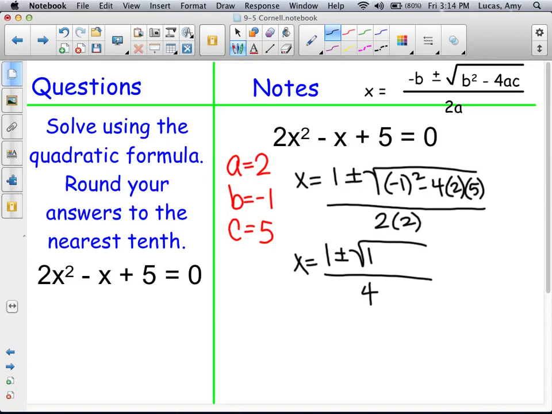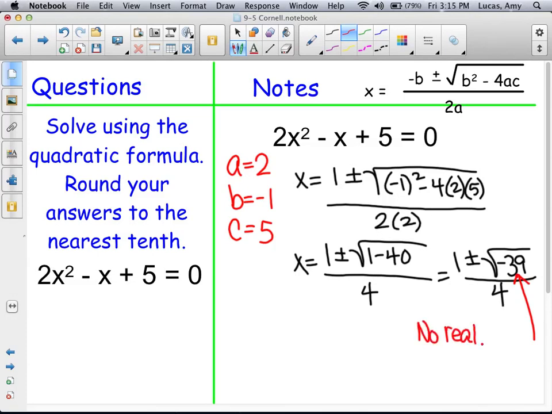Negative 4 times 2 times 5 is negative 40. So 1 plus or minus the square root of negative 39 divided by 4. If we are solving with the quadratic formula and we find a negative discriminant, we know that there are no real solutions. So no real solutions because the discriminant is a negative number. So we're done solving. You cannot finish your quadratic formula.